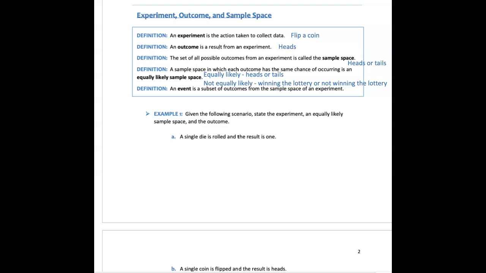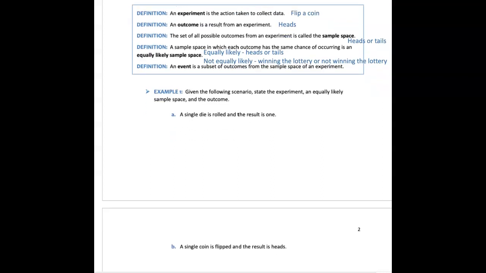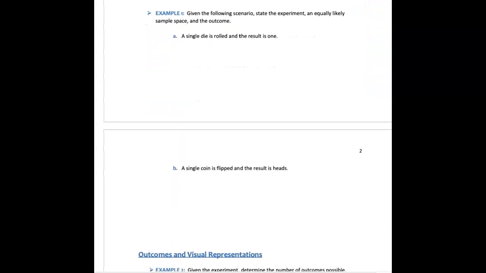So example one is to simply work with some of these definitions. Given the following scenario, state the experiment, an equally likely sample space, and the outcome. What if you roll a single die and the result is 1? The experiment is rolling a die, right? That is the action you are taking.